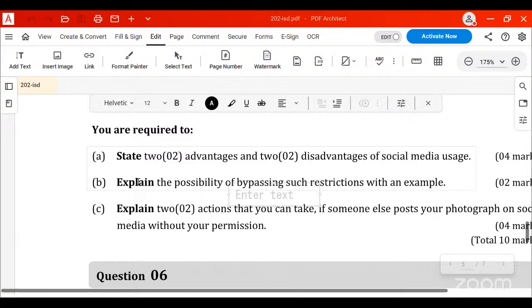Right, last question. Carefully, you have to read the case study.